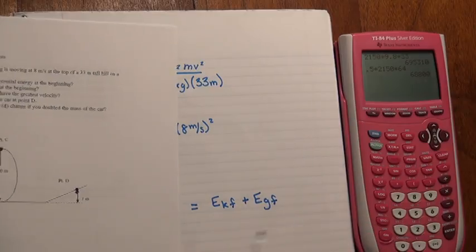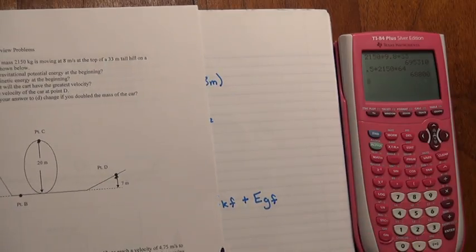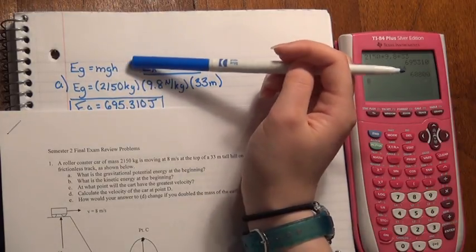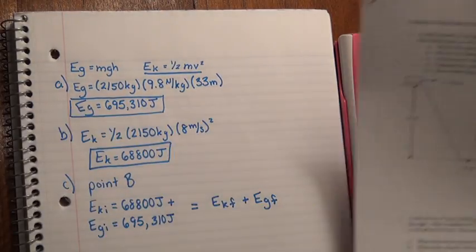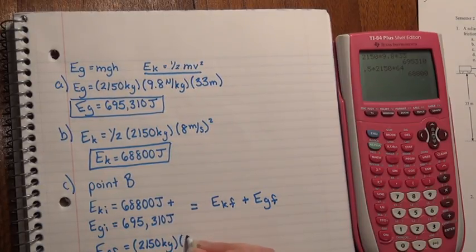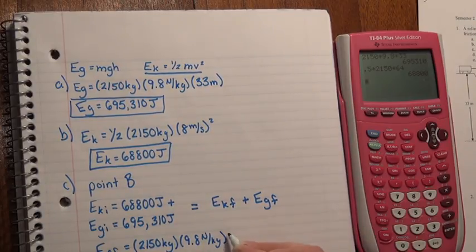Now we can solve for Egf, since we do know the mass of the car, the gravitational constant, and the ending height of the car, which is 7 meters here. So solving for the final gravitational energy, Egf is equal to the mass, 2,150 kilograms, times 9.8 newtons per kilogram, times the height, which is 7 meters.